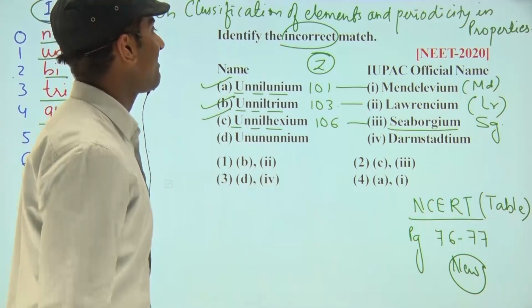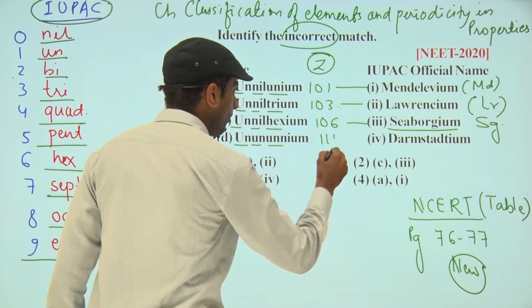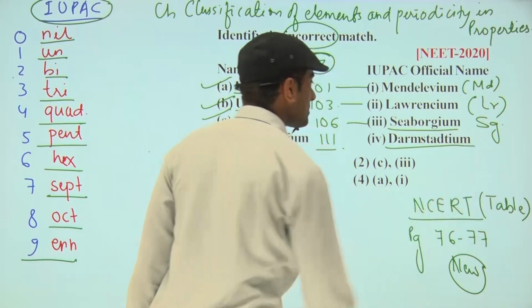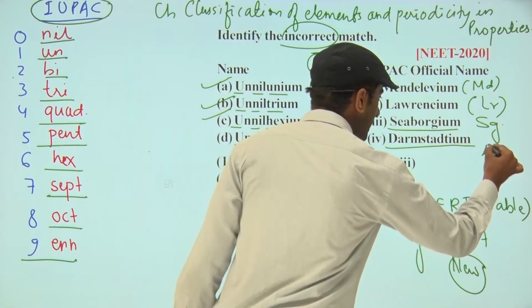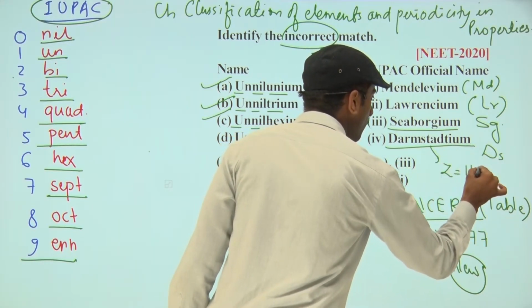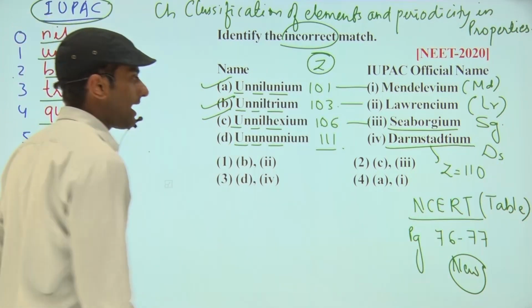We want here the incorrect match. Next is unununium. It means 111 is the atomic number. And the name given here is Darmstadtium. Student, this is going to be wrong here. As far as Darmstadtium is concerned, the symbol is Ds and its atomic number is 110. It is given here as 111.